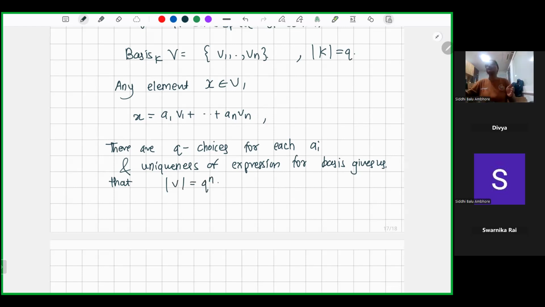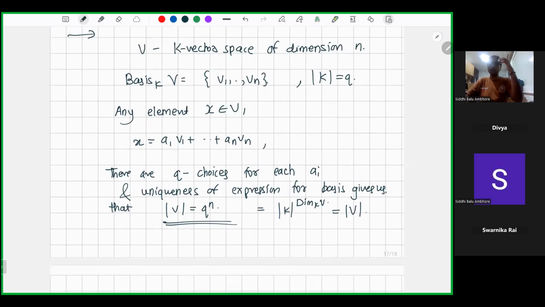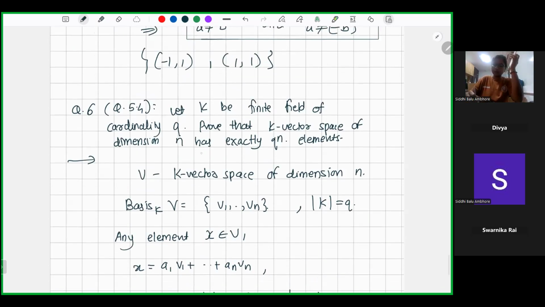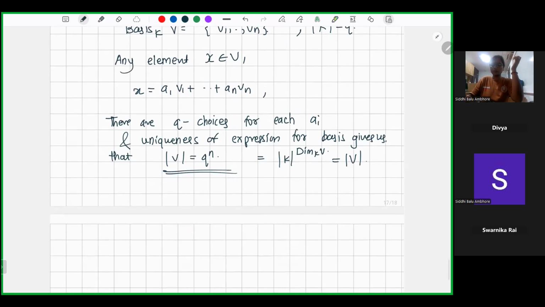So a finite dimensional vector space over a finite cardinality field will have finitely many elements, precisely this many elements. So this is the cardinality of K to the power dimension of V. Cardinality of the vector space is what is asked, and it has exactly Q power n elements.